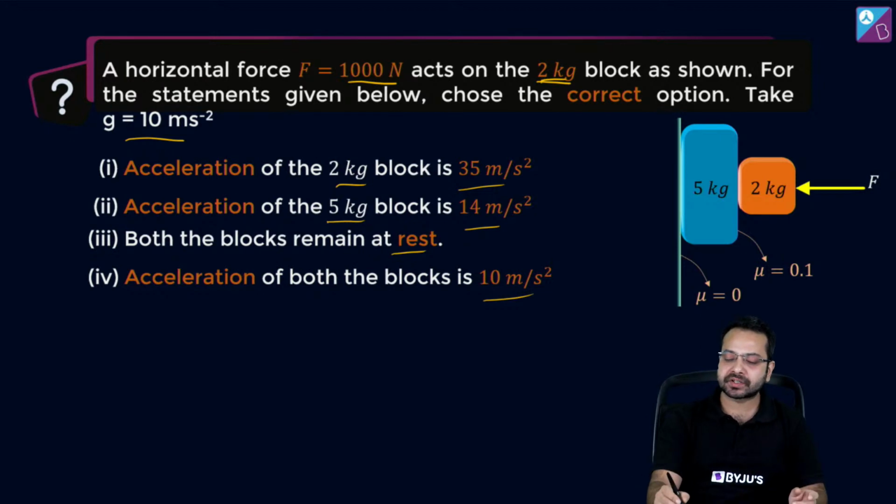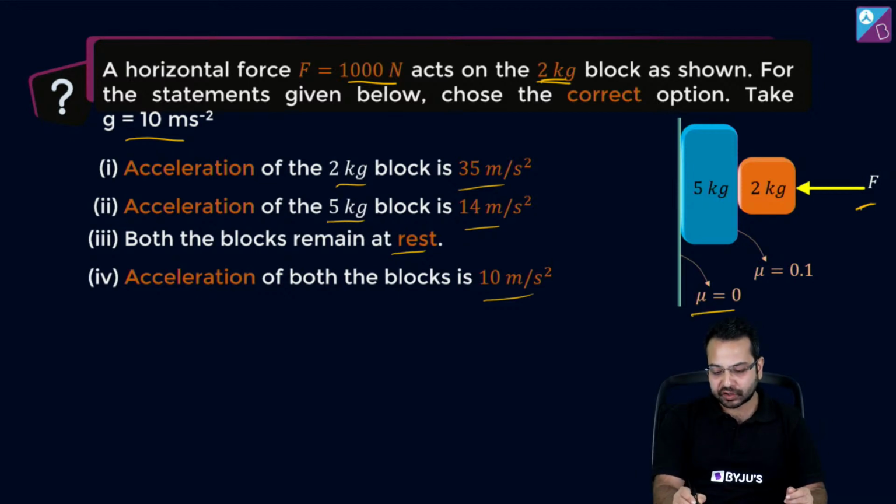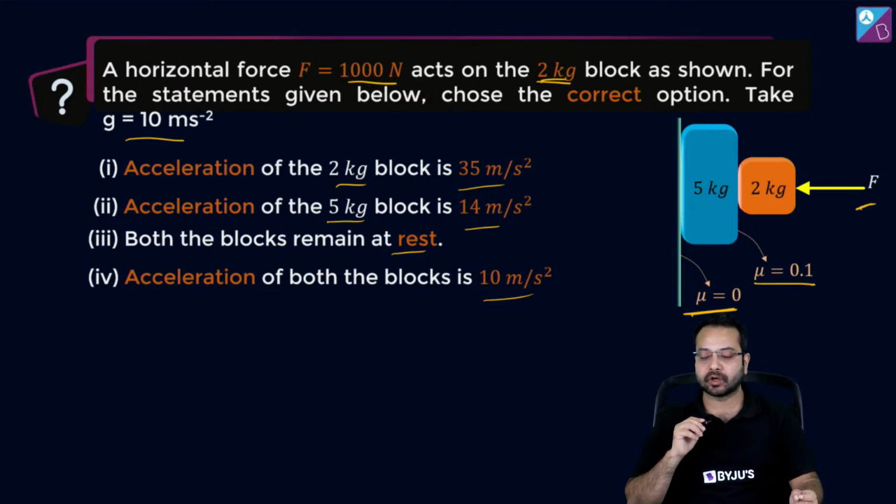I'm repeating the question. The force acting here is 1000 Newton on this 2 kg block, a horizontal force. The coefficient of friction between the wall and 5 kg block is 0. And the coefficient of friction between the 2 kg block and 5 kg block is 0.1. We have to find the accelerations of the blocks. That's it.